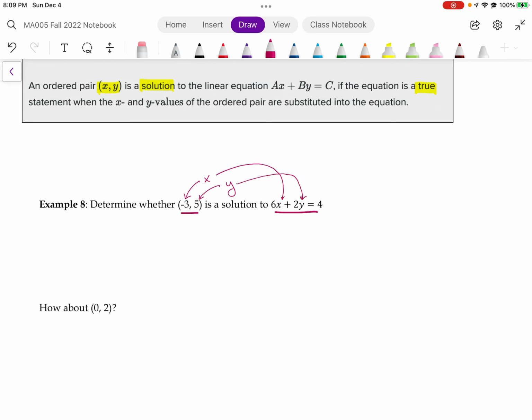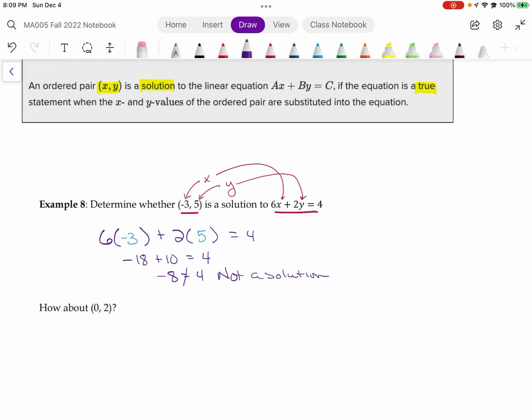I always make sure to put parentheses when I'm going to plug something in just in case it's negative, which one of them is, so be really careful. So the x is negative 3 and the y is 5. So we get negative 18 plus 10 equals 4. Is that true? Negative 8 equals 4. No, it does not. So it's not a solution.